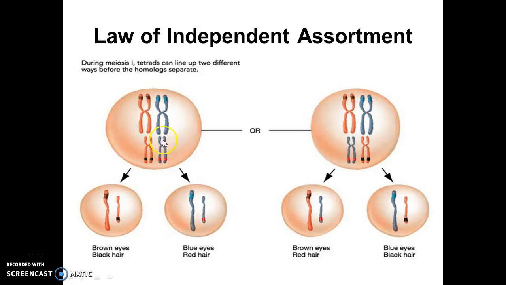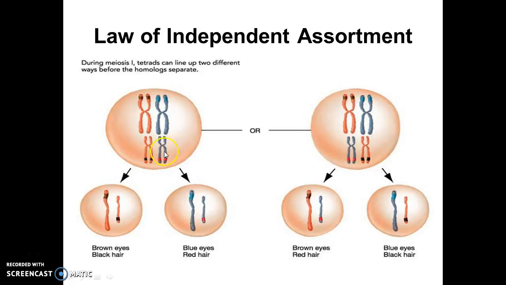And this other chromosome here, we're going to say comes from dad, so the chromosome that dad gave you codes for red hair, and mom codes for black hair. So brown eyes and black hair are the traits that your mom gave you, and your dad gave you blue eyes and red hair. Well, blue eyes and red hair are recessive, so you're not showing that, but that's a different story.